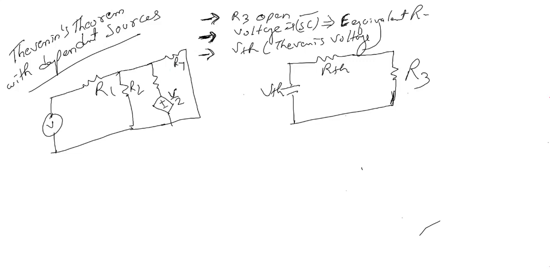What will you do if it has dependent sources in it? What step would you consider? Okay, this segment is right, and there is only an independent source, right? What if you have one dependent source in it?